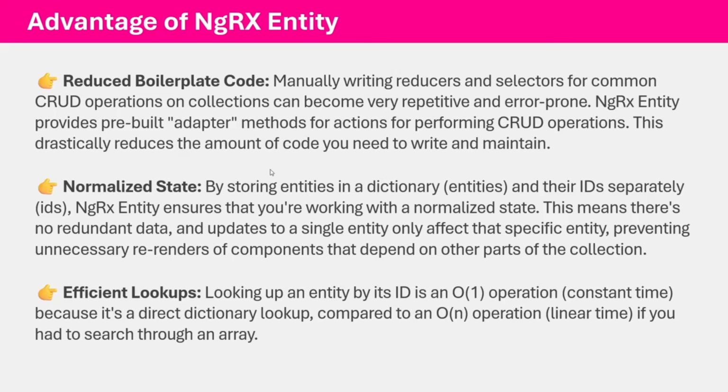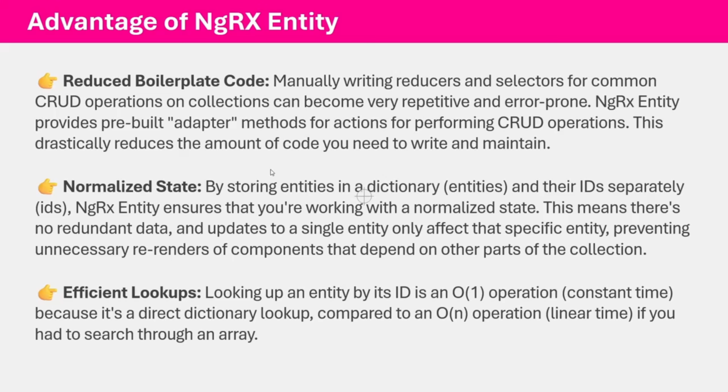So when we store entities like that, NgRx entity ensures that you are working with a normalized state. This means that there is no redundant data. That means you cannot create two entities with the same key. You cannot create two courses with the same ID, or you cannot create two products with the same ID. So NgRx entity ensures that you are working with a normalized state, and it also makes sure that update to a single entity only affect that specific entity.